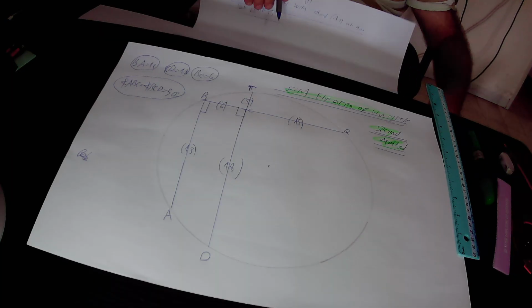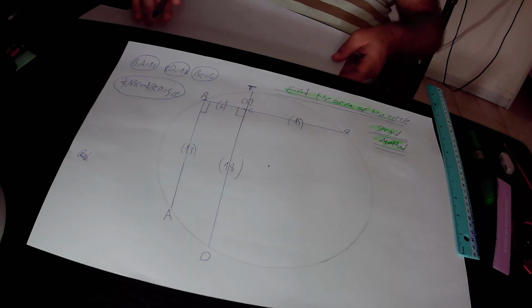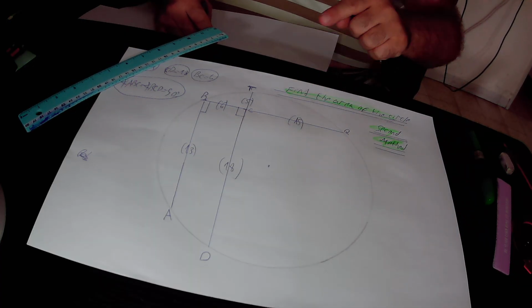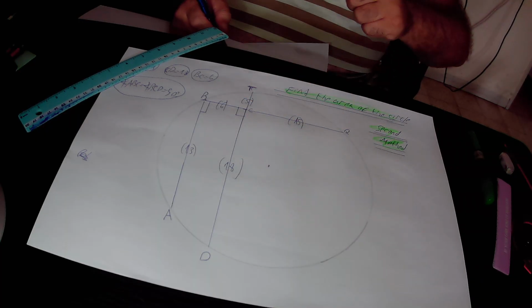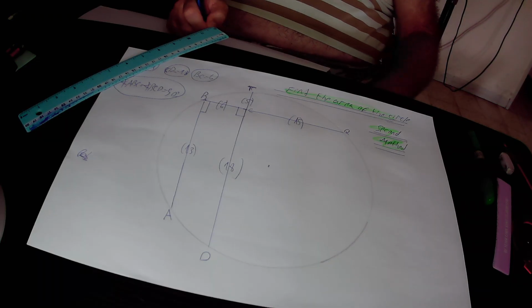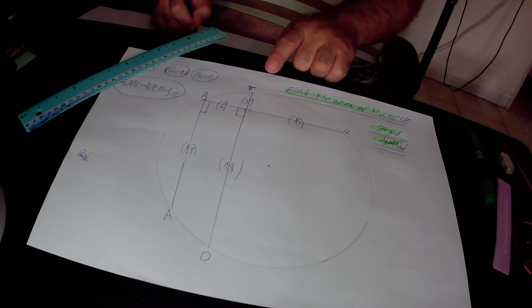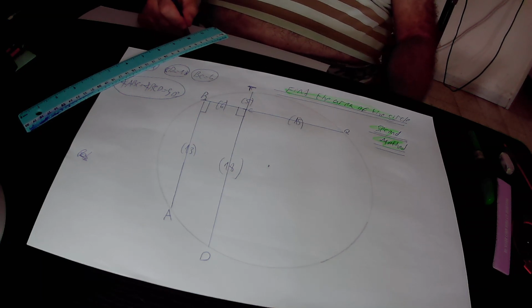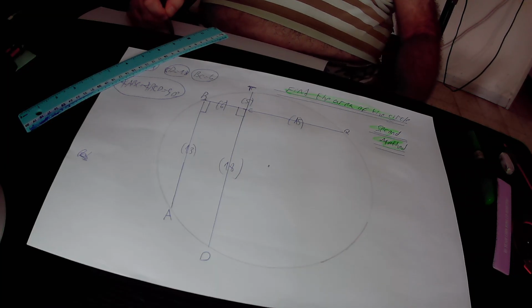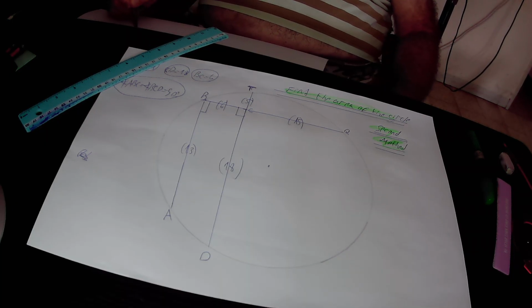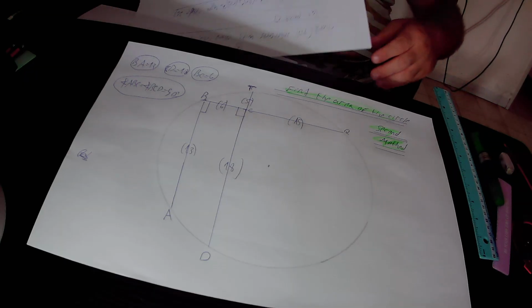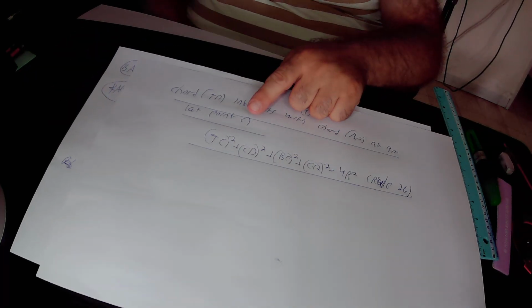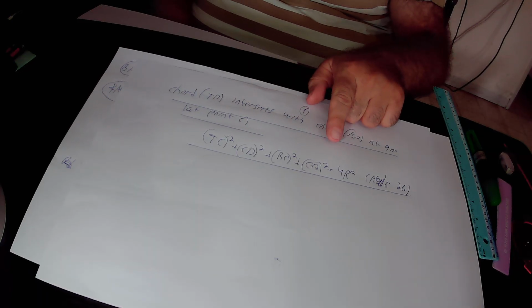According to rule 26, the following equation will be true: TC squared plus CD squared plus BC squared plus CQ squared equals 4r squared.